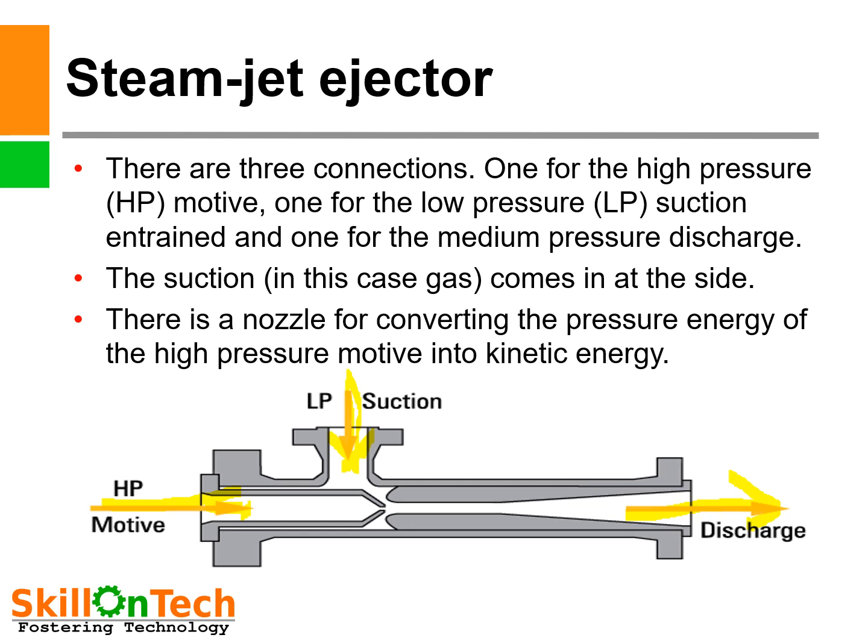There is a nozzle for converting the pressure energy of the high pressure motive into kinetic energy. So high pressure will enter here in this nozzle, and at this place it will be converted from pressure energy to kinetic energy.